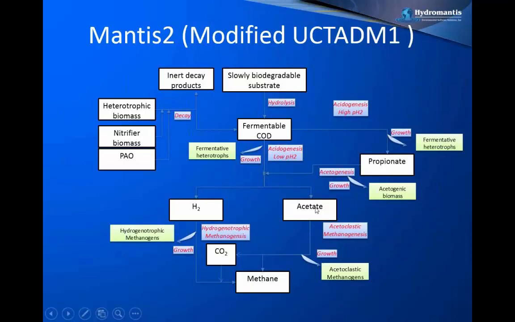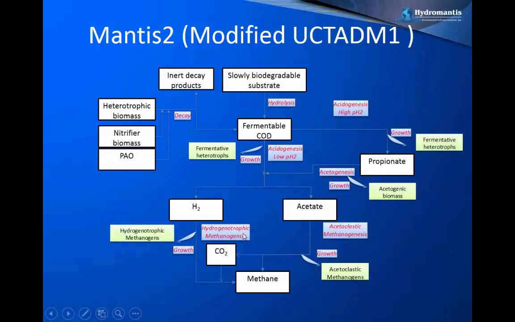So again, here we have 4 different types of biomass. We have fermentative heterotrophs. We have acetogenic biomass, which actually produce acetate from the higher order VFAs. And also we have acetoclastic methanogens, which are producing methane using acetate.